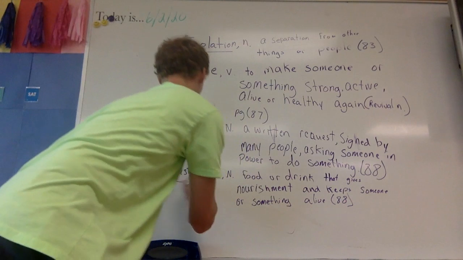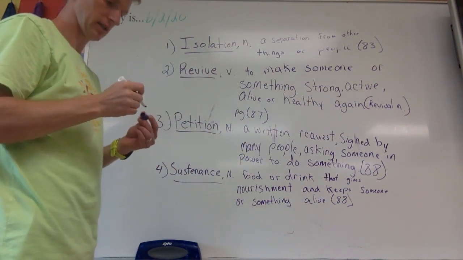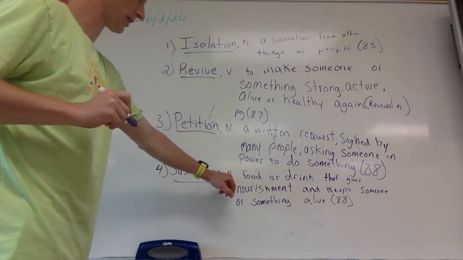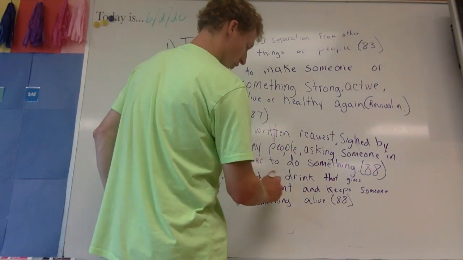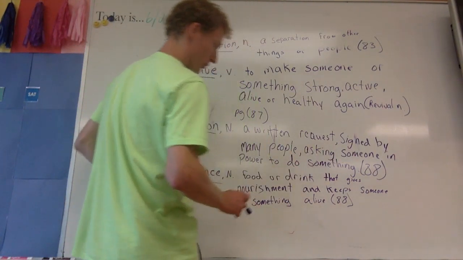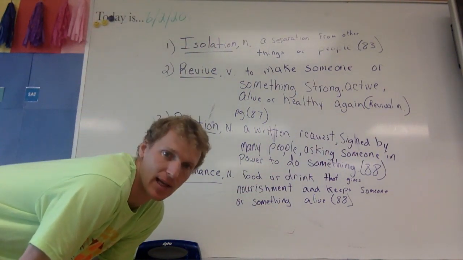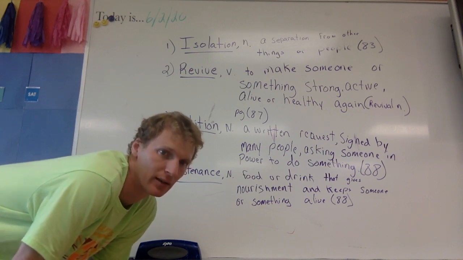Okay? Sustenance. Not substance. It's sustenance. A noun. It's a thing. It's a food or drink that gives nourishment and keeps someone or something alive. So it cannot just be anything that you can put in your mouth and eat. It's got to be a food or drink.